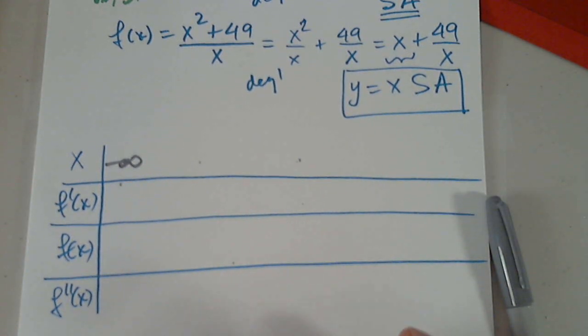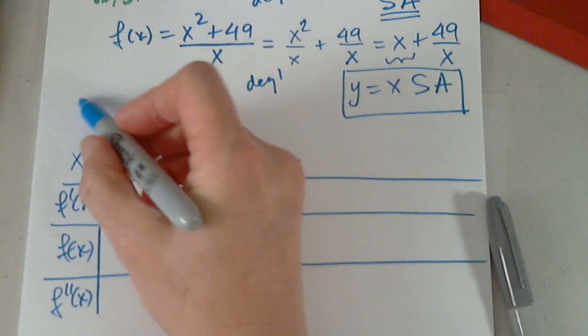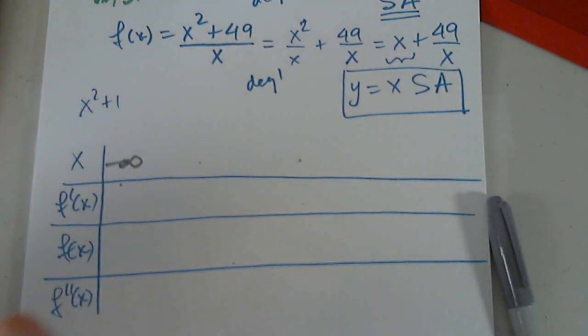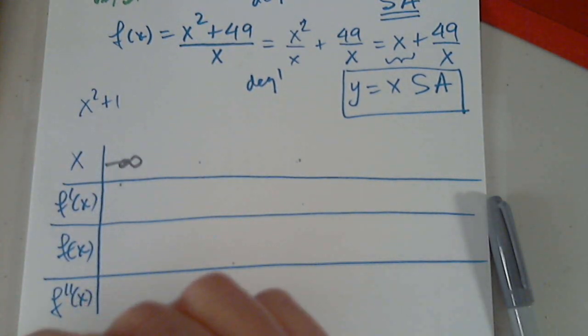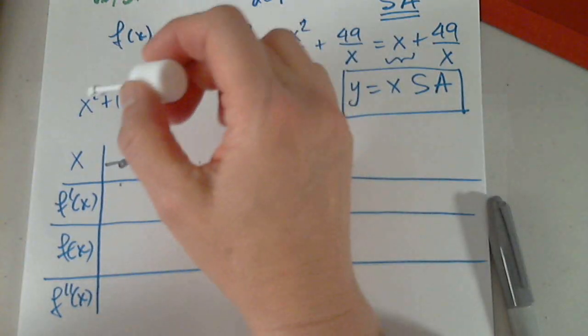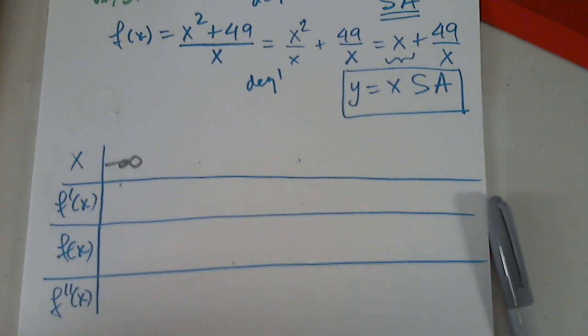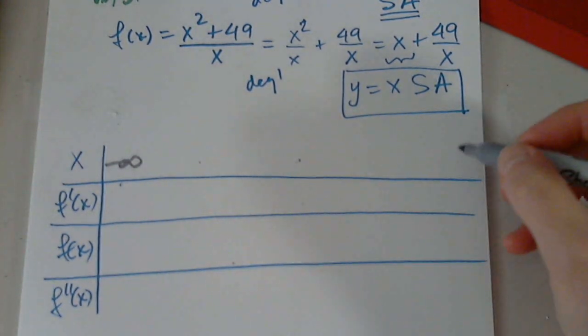Because it has a denominator that could be 0. If the denominator were x squared plus 1, I would have had to agree. It's all real numbers because x squared plus 1 could never be 0. But the denominator is x, which means that this function could be undefined at 0.